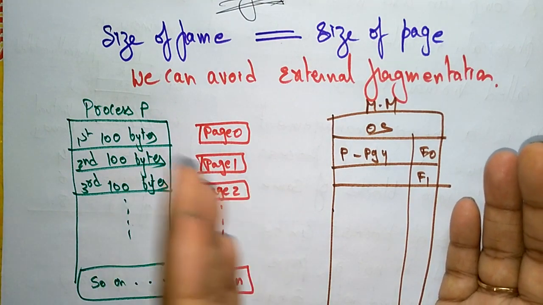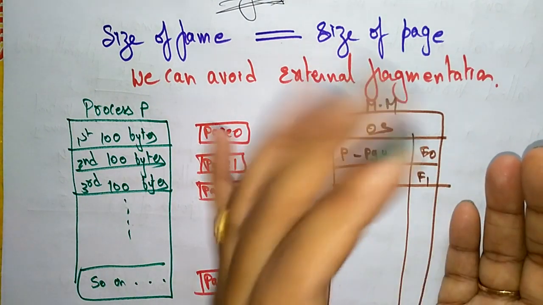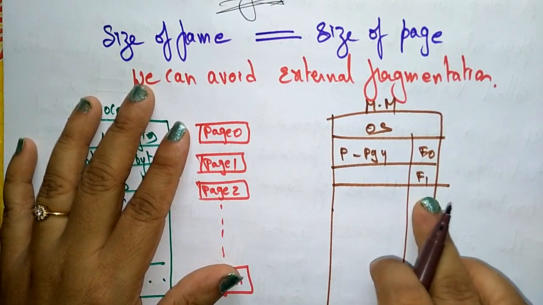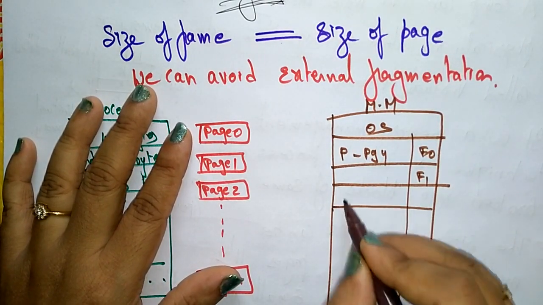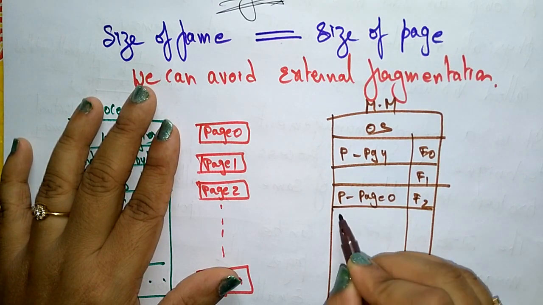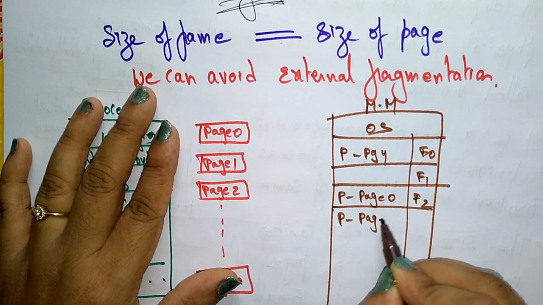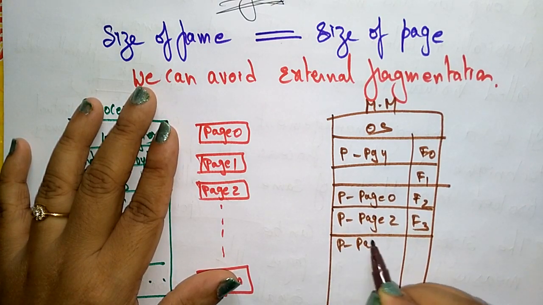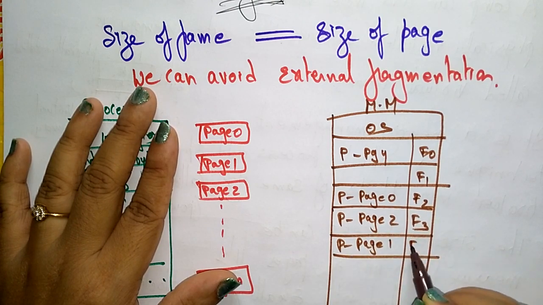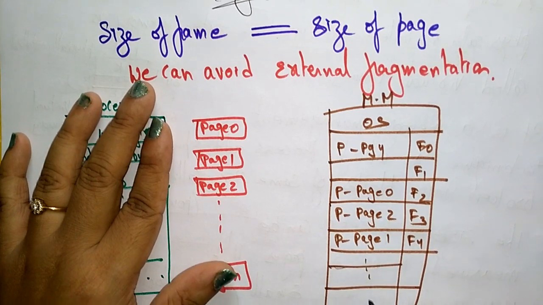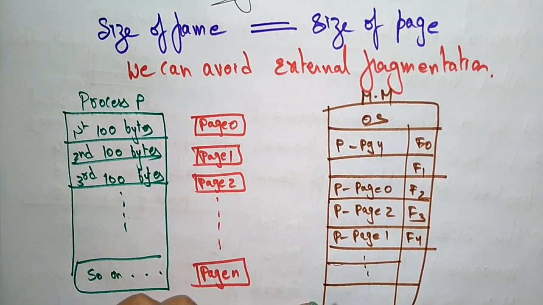Whatever data we send from virtual memory to main memory is sent in the form of pages. The main memory is divided into frames: frame 0, frame 1, and here it stores page 0 in F2, page 2 in F3, page 1 in F4, and like that, up to Pn.